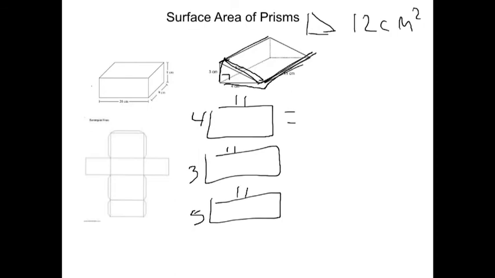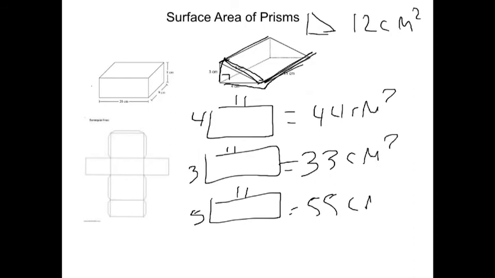So basically I'm finding the area of 3 rectangles, and they're all going to be added to the area of my triangles, which was 12 centimeters squared. And I get 144 centimeters squared as my answer to the surface area.